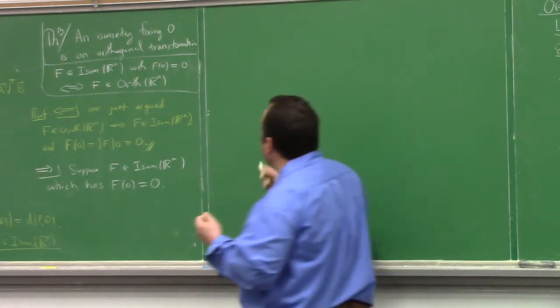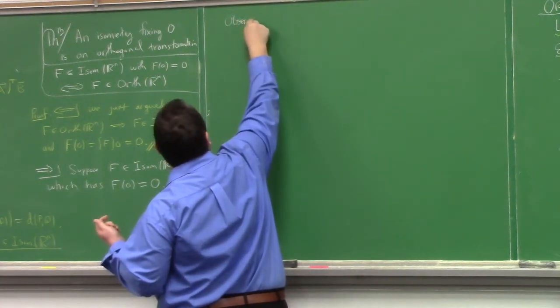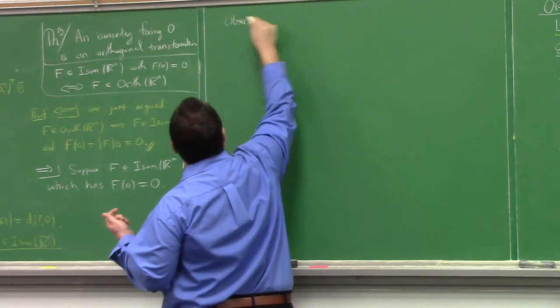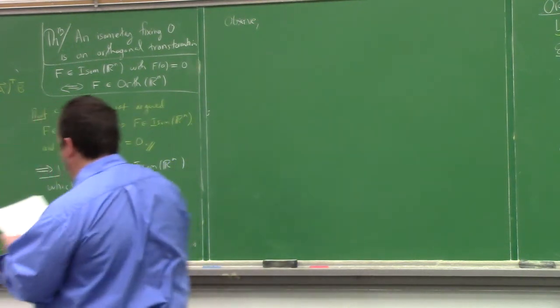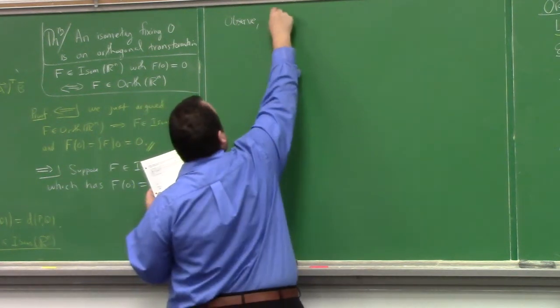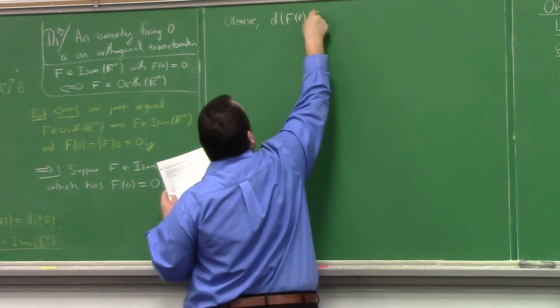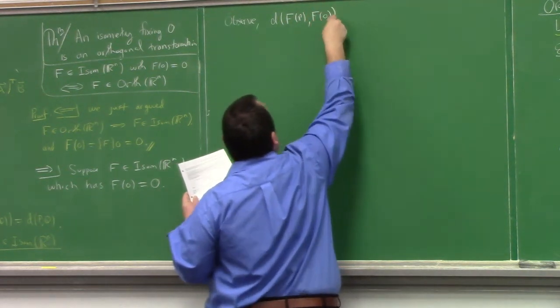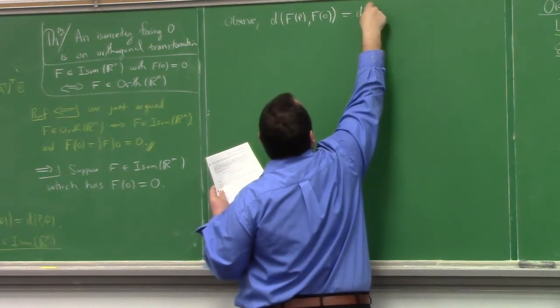So one of the things we can do is make some fundamental observations. Observe, the distance from f of p to f of 0 is the distance from p to 0.